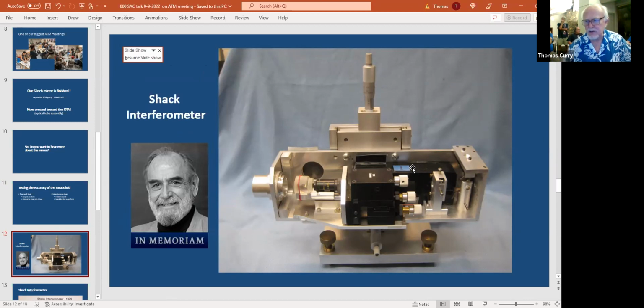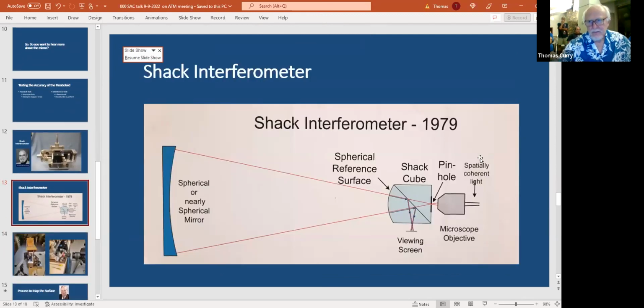They converted all their barcode scanners to some much better LED lasers, some steering mirrors, and this beam from the laser comes back here behind these manipulators into the microscope objective and into this thing, which is called a Shack cube. Let me give you a little more about what a Shack cube is.